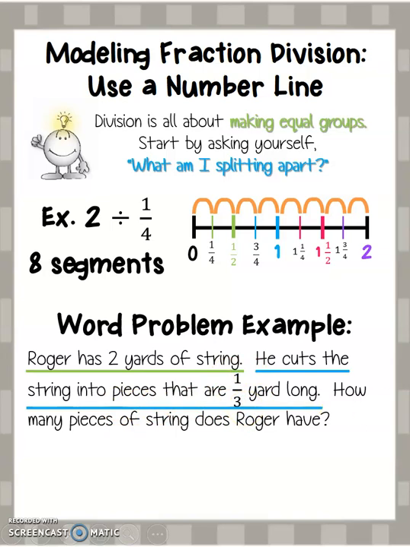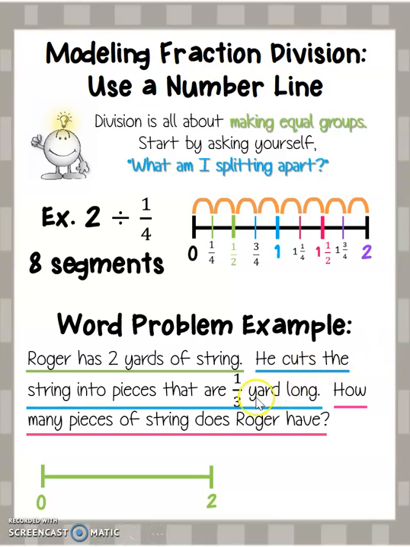And the question sentence asks me, how many pieces of string does Roger have? So with the number line, again, since I'm splitting apart the 2 full yards, I'll make my number line go from 0 to 2. If I know I'm cutting the string into pieces that are 1/3 of a yard long, I'll need to split up this number line into segments that are each 1/3 big.